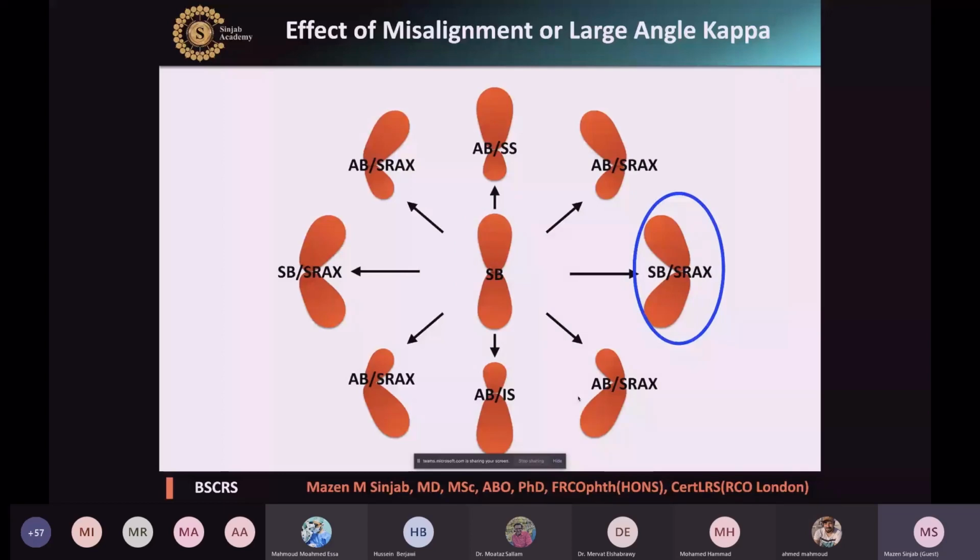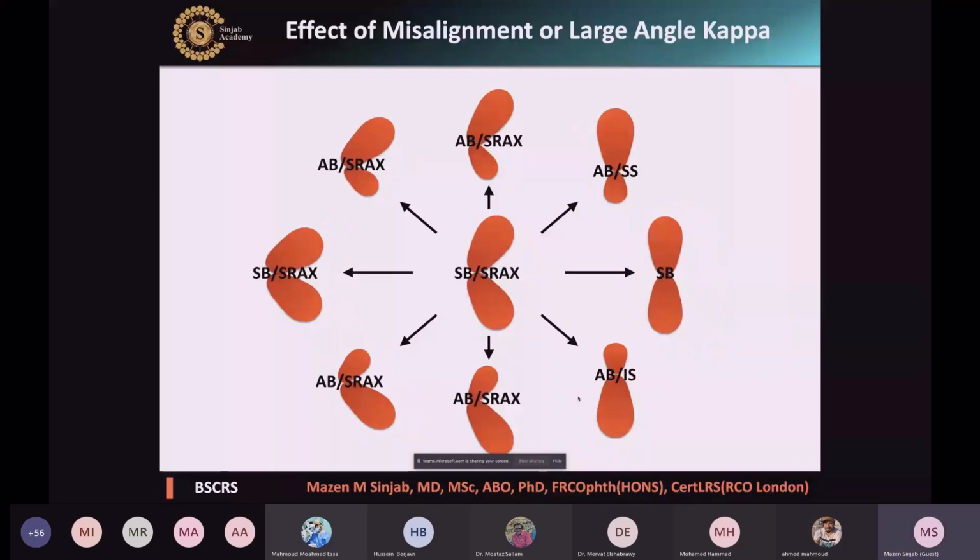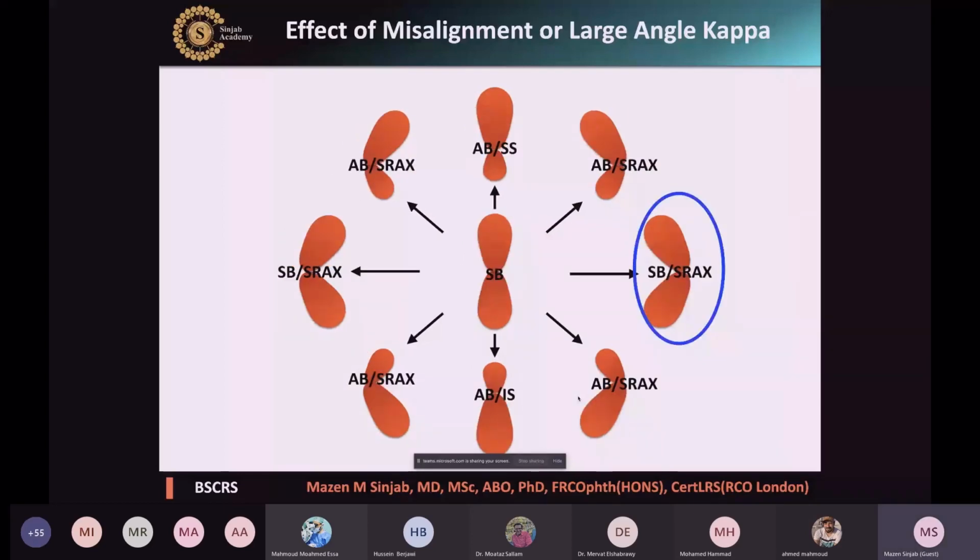Then the symmetric bow tie will show a skewed radial axis. We call this a false positive. So the patient doesn't have an actual skewed radial axis, but because of misalignment or large angle kappa, the patient may show a false positive.